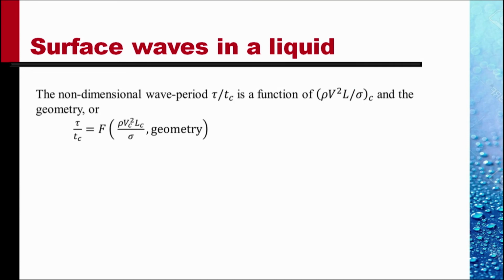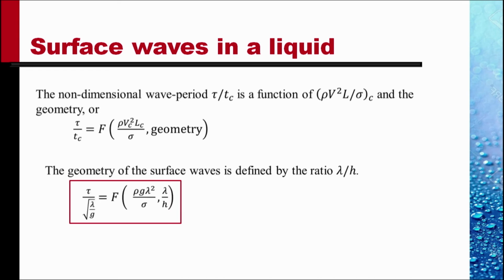And so the non-dimensional wave period, which should be of the form tau divided by the characteristic time, is now a function of Weber number alone and the geometry. Tau by tau c, the non-dimensional wave period, is a function of the characteristic Weber number and the geometry. The geometry of the surface wave is defined by the ratio lambda by h.